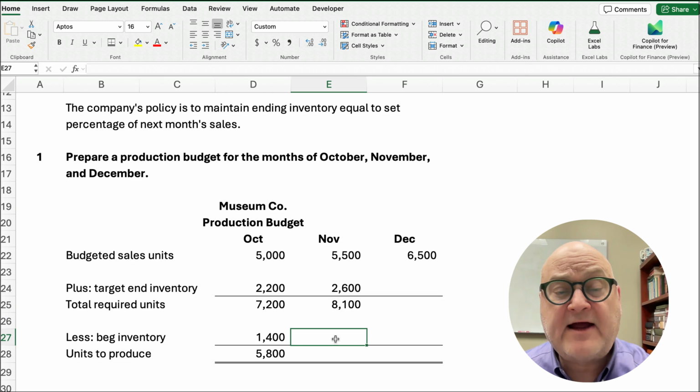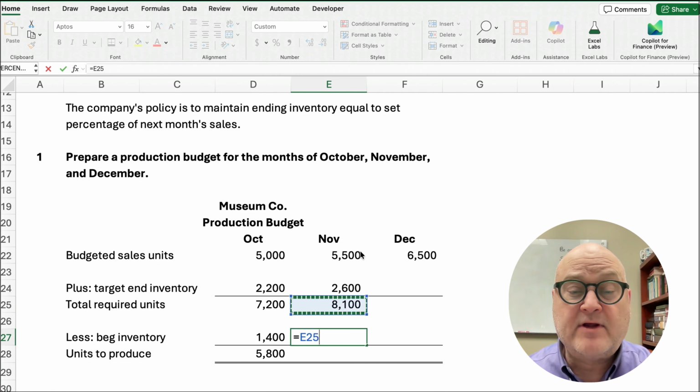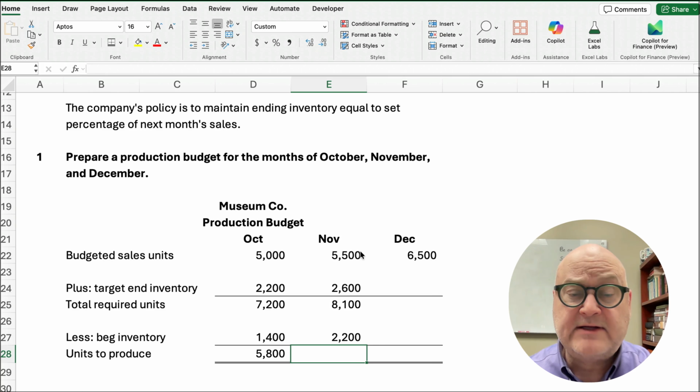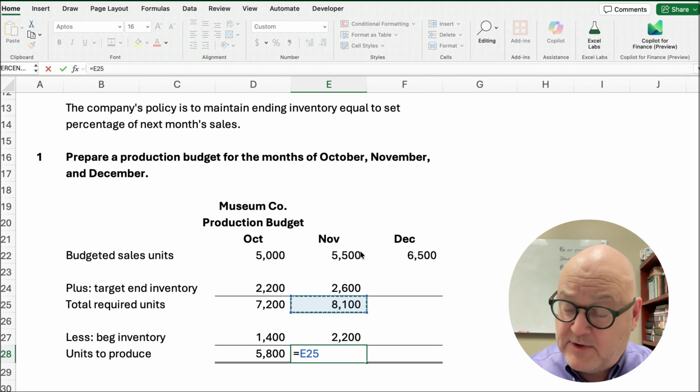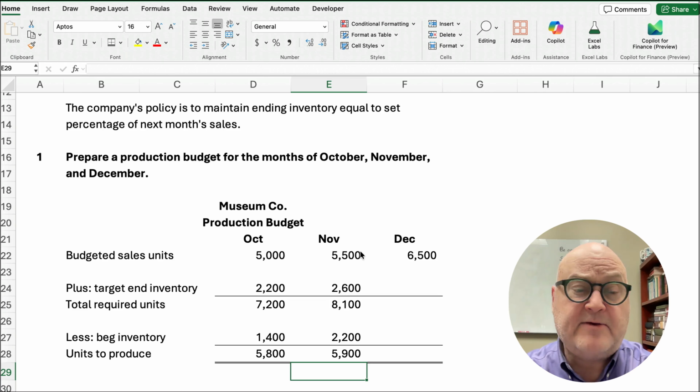But what is our beginning inventory for November? Here's a hint. It's the ending inventory for October. So don't forget about that. It's the 2,200. The ending October is the beginning of November. So we take 8,100 minus the 2,200 we already have available, then we only need to produce another 5,900 more.